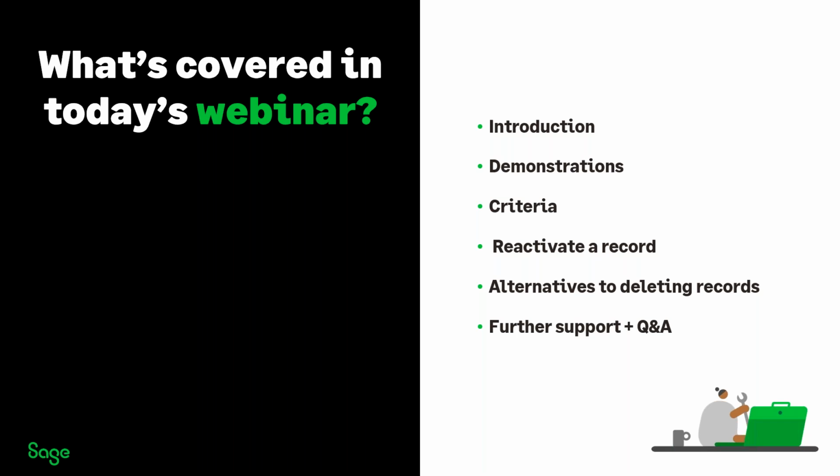And again, I just want to touch on alternatives. So this is a really good alternative to deleting records as well. So we're going to touch on that a little bit. And then just at the end, I'll explain more about the additional support. And if there are any outstanding questions, I'll hang around and pick those up as well. But keep them coming. I'll try and engage with that just as we're going through.